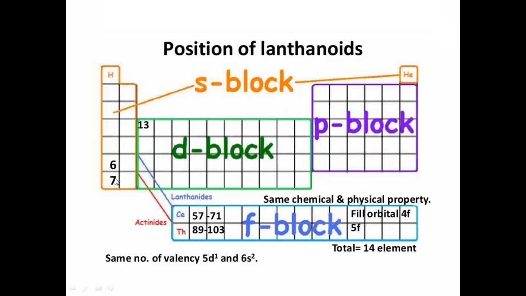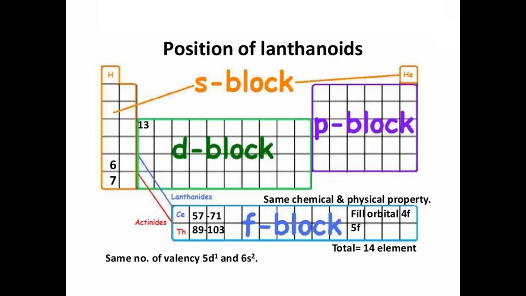Then in the seventh period, again there comes a series of almost 15 elements, here from actinium to lawrencium, atomic number 89 to 103.